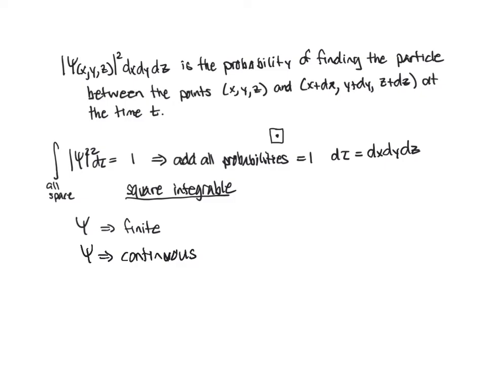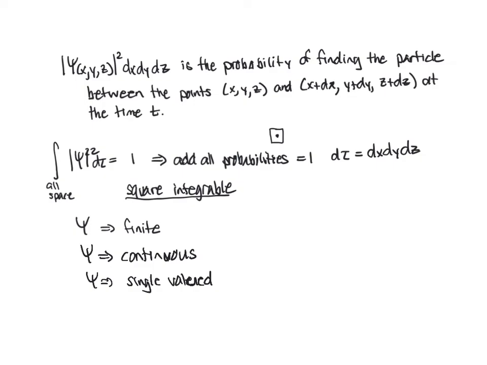And so it has to be continuous if I want to have a defined probability throughout all the x's, y's, and z's that my particle can take on. And then it also has to be single valued, because I can't have my particle have two different probabilities at a given point in space.